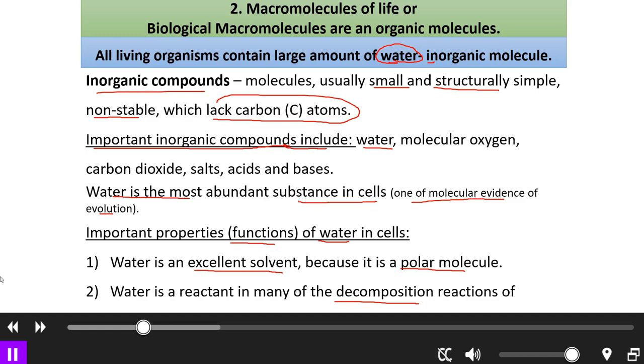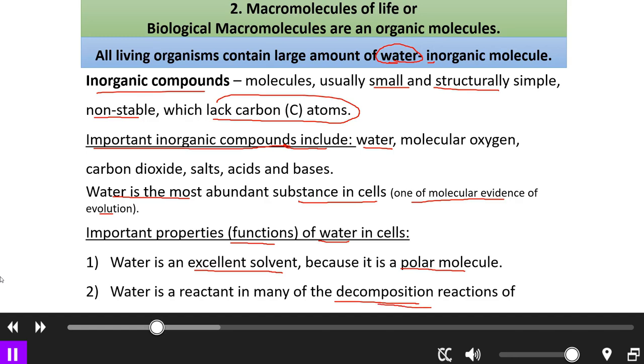For example, think about if you go to a buffet and you eat a lot of food. After a few hours, what do you want? Usually you want to drink, because inside of your digestive system, food starts to break down.